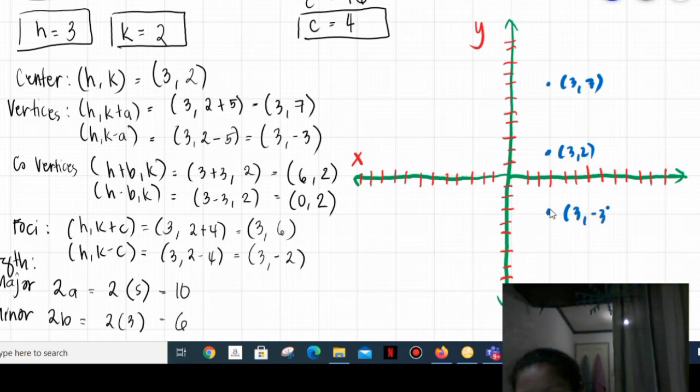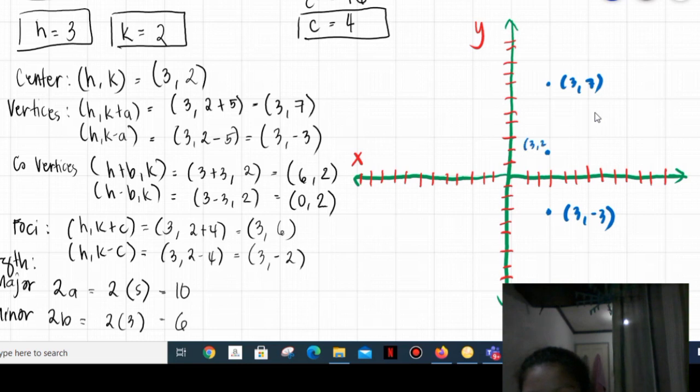Next naman natin i-locate ay ito, 6 and 2. So, 1, 2, 3, 4, 5, 6, and then 2. Nandito 6 and 2. Lipat ko lang to para hindi malito. This is 3 and 2, yung ating center.